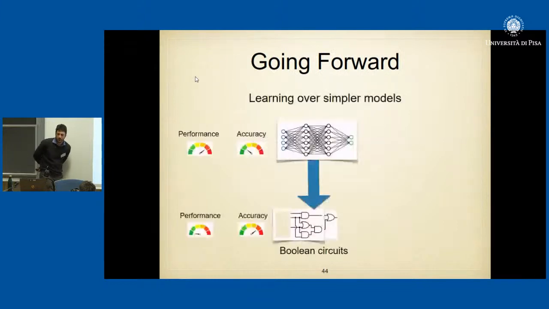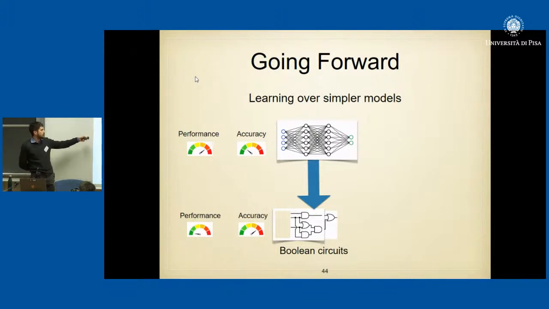So just a few directions going forward. I said I would come back to Boolean circuits. This is a direction that I am currently interested in. There is a trade-off between learning in a neural network and learning over a Boolean circuit.